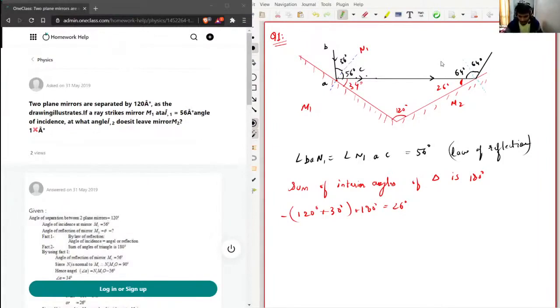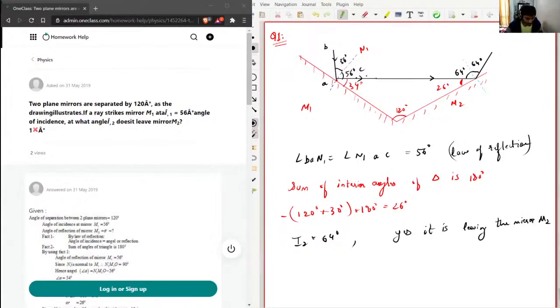So I2 is going to be 64 degrees, and it is asking the angle at which it leaves the mirror M2.